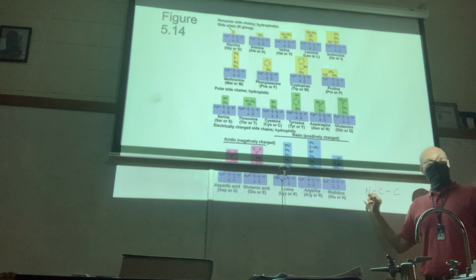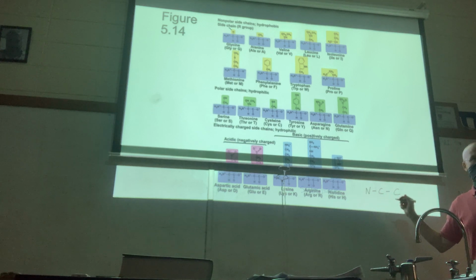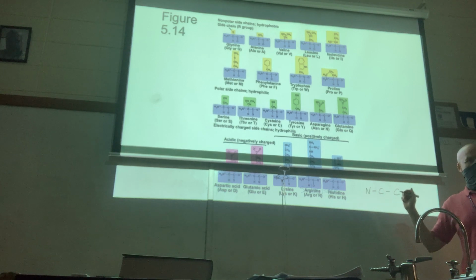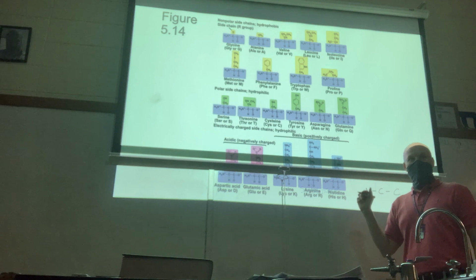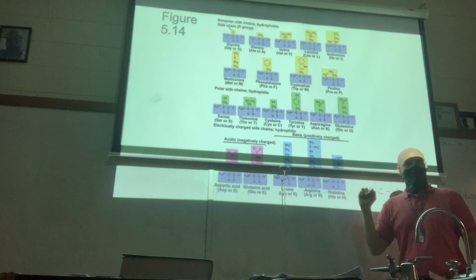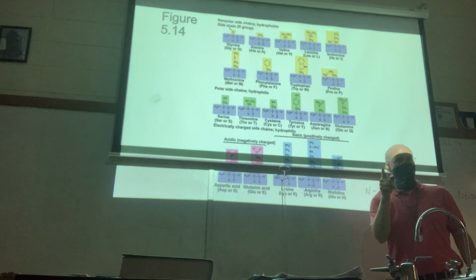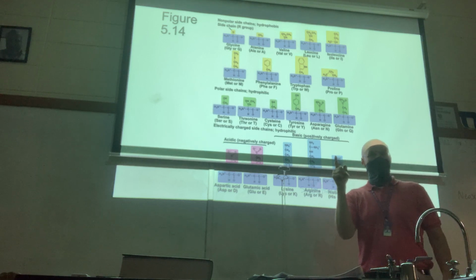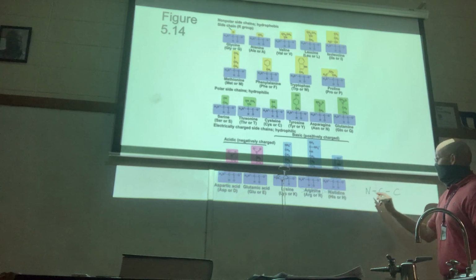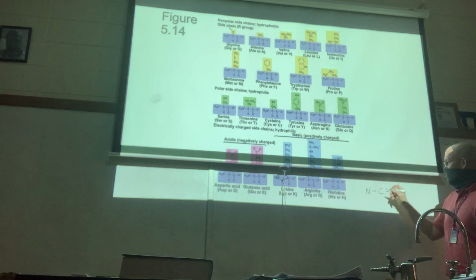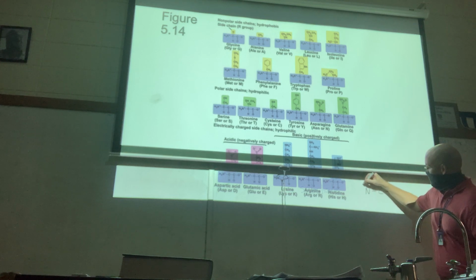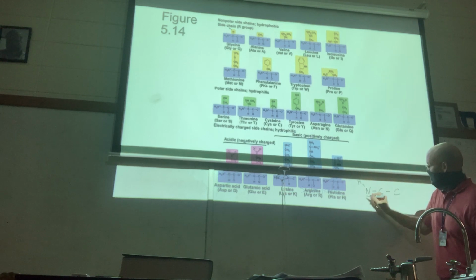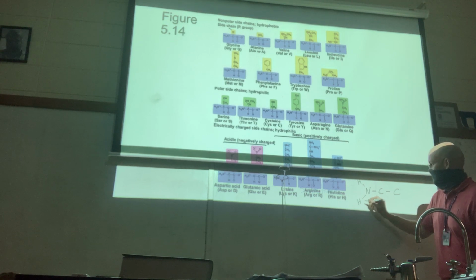Now, how many bonds can nitrogen make? Not quite 4, that's carbon. It's 3. So one of those bonds is bonded to the next carbon, and then you have 2 hydrogens bonded to it. Okay?